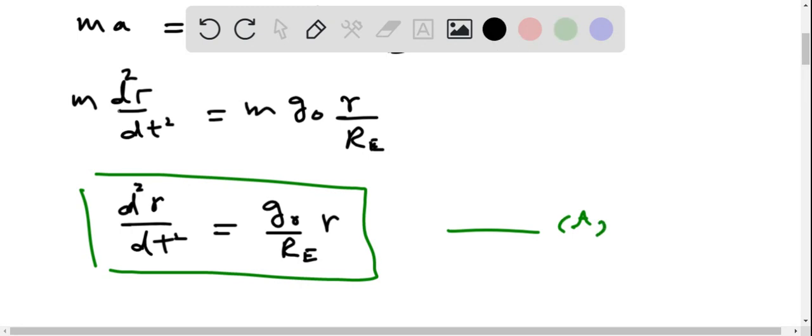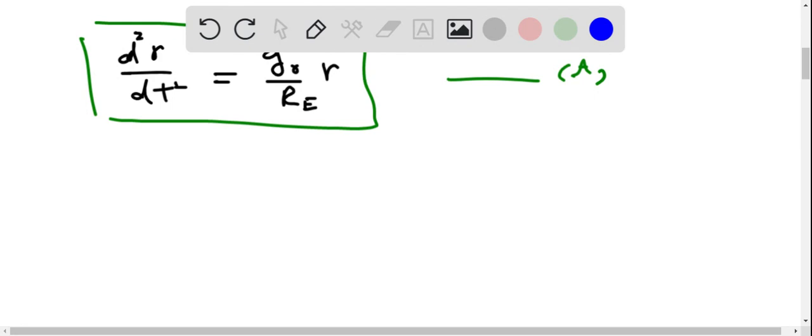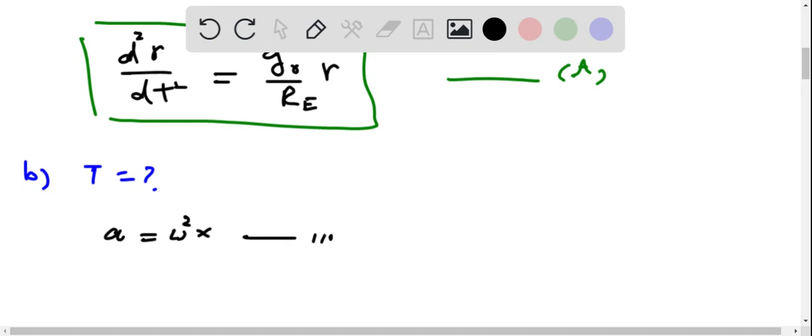In part B of this problem, we are asked to find an expression for the period of the oscillations. So in part B, we have to derive a relationship for capital T. The simple harmonic motion can be described by the equation a equals omega squared x. So this will be our equation number 3.